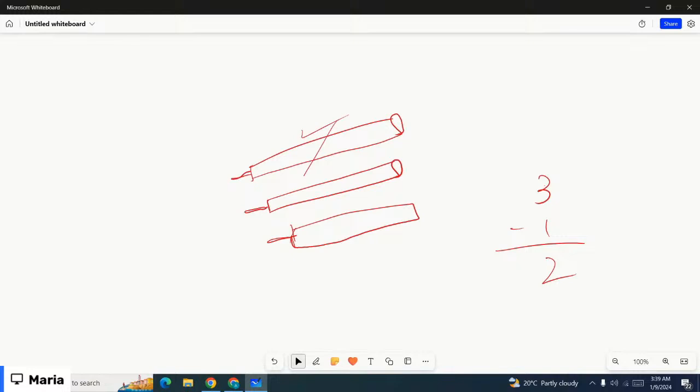Any question related to the chapter 2 or 3 dimensional shapes or related to subtraction, you can ask. So please ask questions.